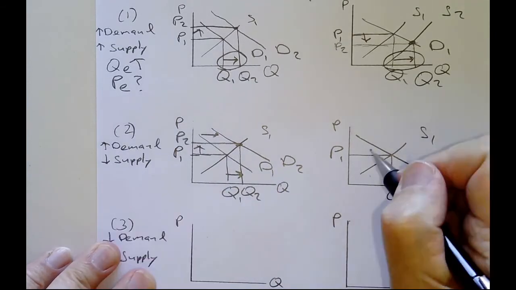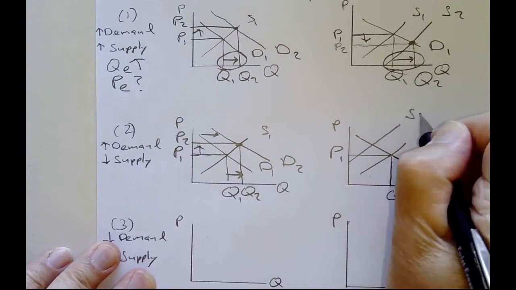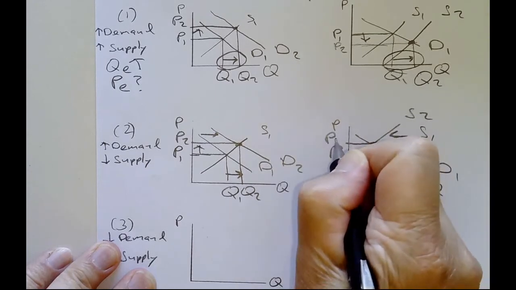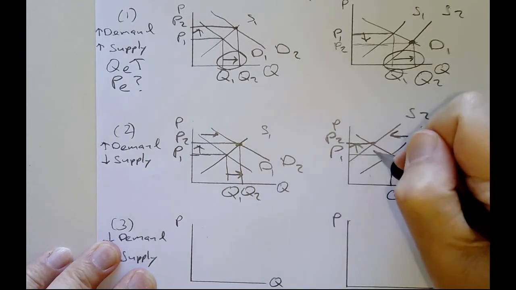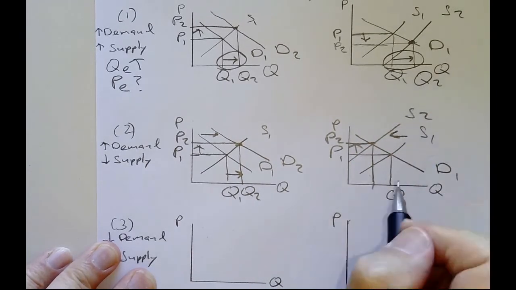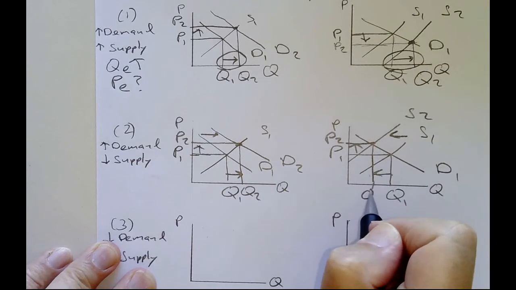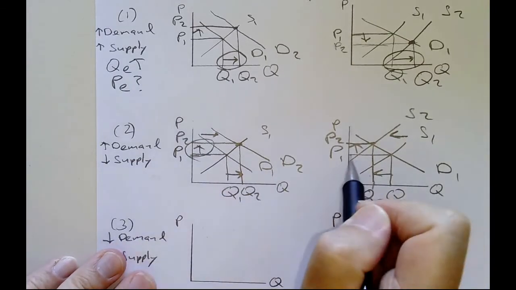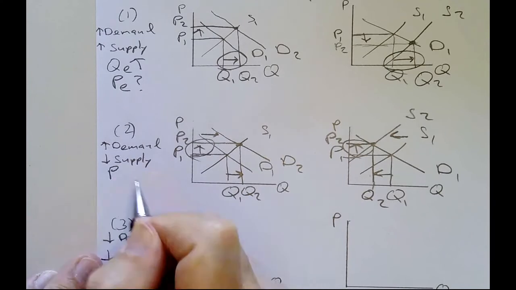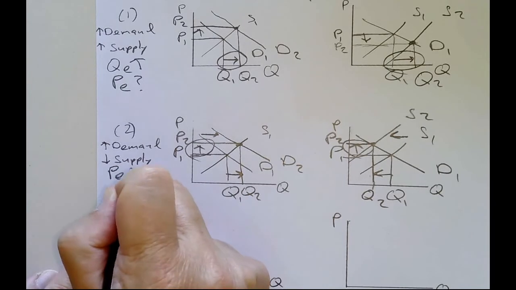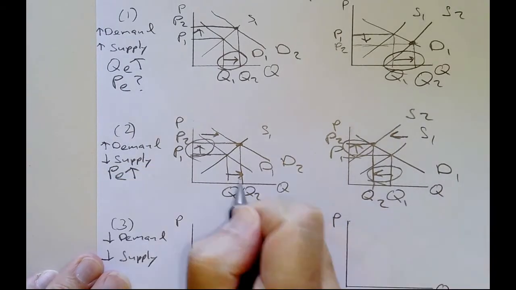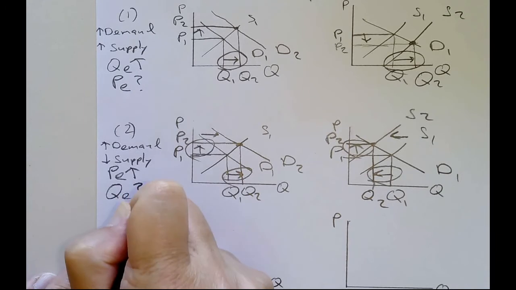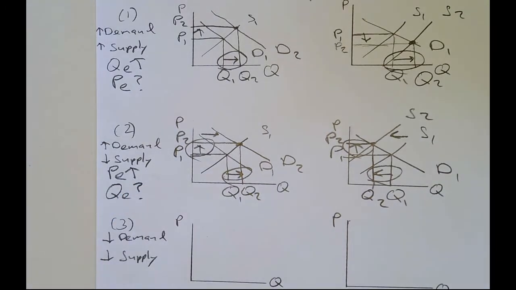Decreased supply shifts to the left: higher price, lower quantity. So they both agree price is going up. We know if demand increases and supply decreases, the price is going to go up. They disagree on the quantity, so in this case, the change in the equilibrium quantity is indeterminate. We don't know. I'll give it a question mark.